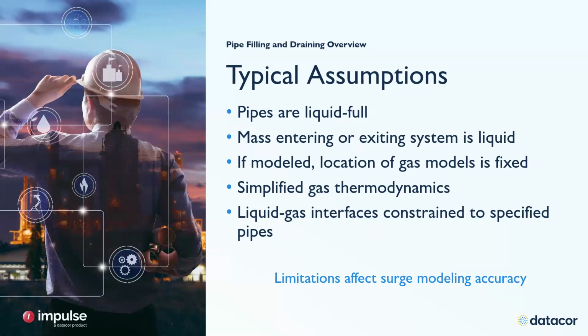Gas thermodynamics are simplified with fixed assumptions. They may be forced to be adiabatic, etc., or even treated as incompressible. And gases may only exist in certain pipes or do not travel from pipe to pipe. And the net result is that the impact of gas pockets on water hammer and pipe forces is not adequately captured.